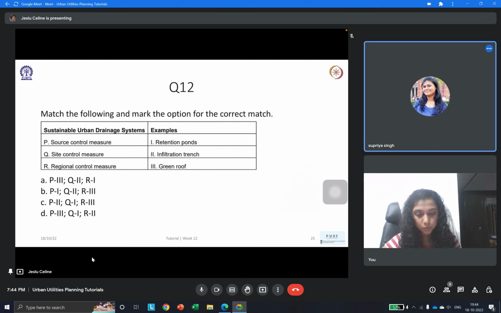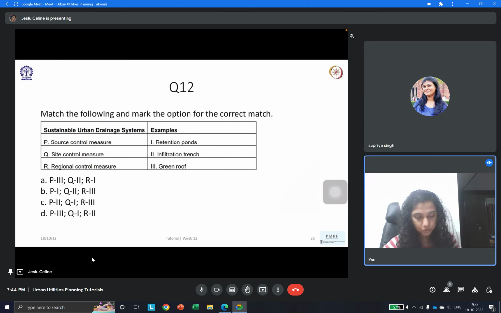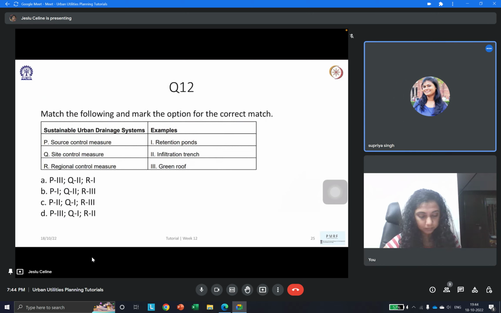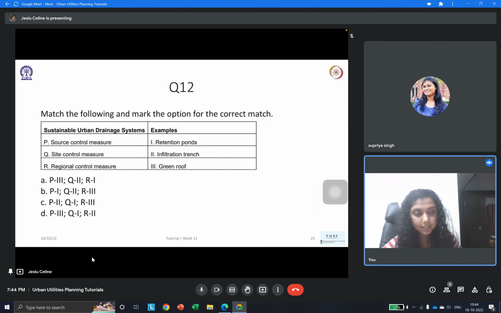Now, question 12: match the following and mark the option for the correct match. Let's do option by option. Source control measure. Basically, we're talking about different control measures. We can control the source, we can control the site, or we can control the region. What are these three methods is what is asked. Which of these is a source control measure?